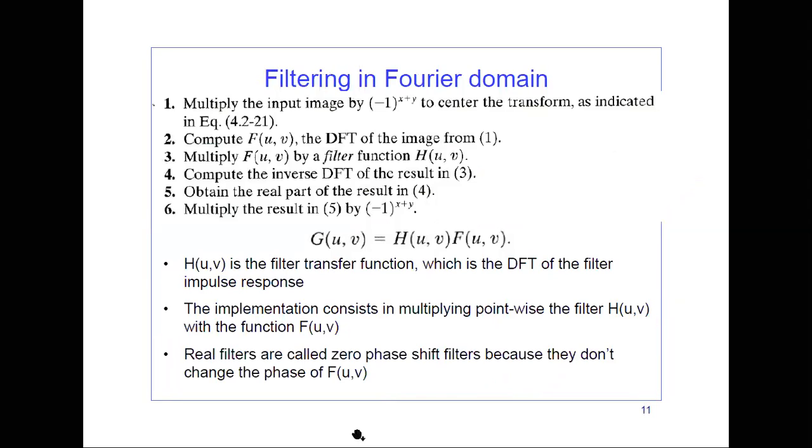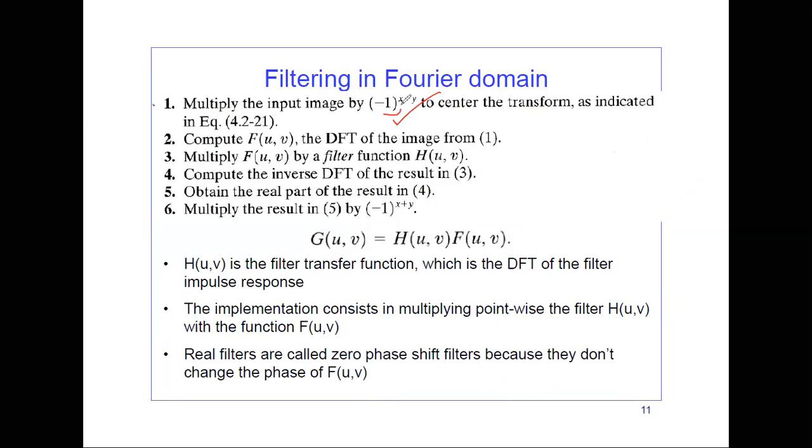So now what do we do, by the way? The pre-processing that I spoke about earlier: multiply the input image by (-1)^(x+y). So what is this thing, by the way? Let us try to understand.